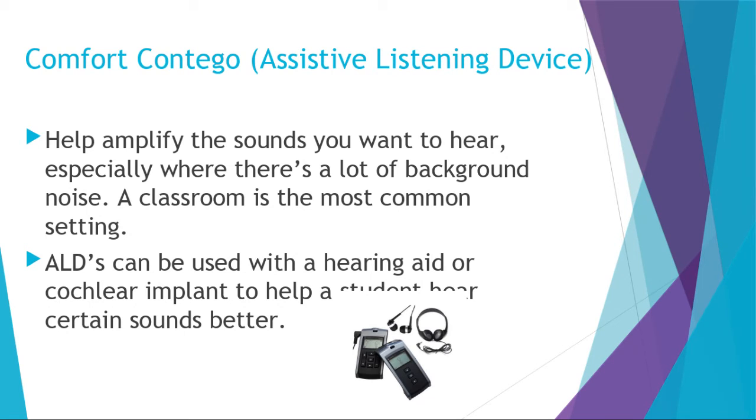So it's beneficial to those who struggle hearing. It has 2 levels that you can use it on. It has a zoom directional level, which means once you activate that, it's going to focus on one person. So in the classroom, if you want to pay attention to just the instructor, you turn on the zoom directional, and it's just going to hear the instructor.